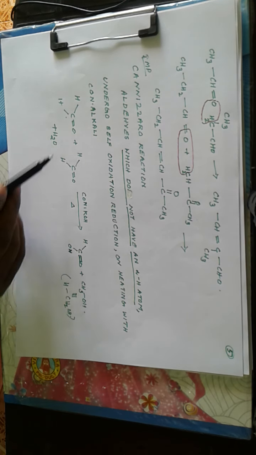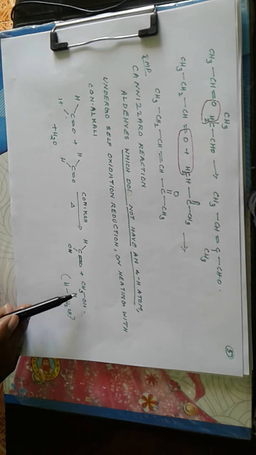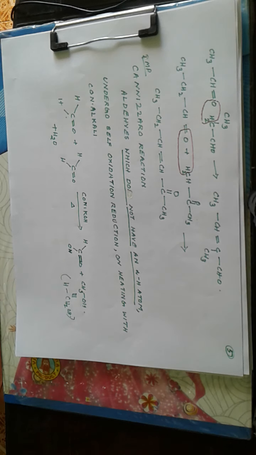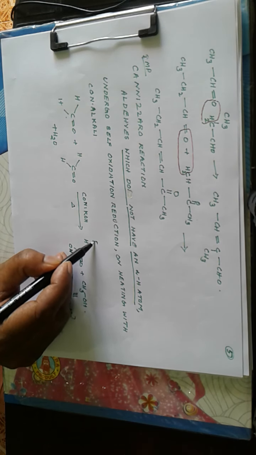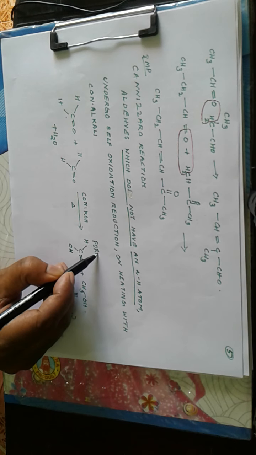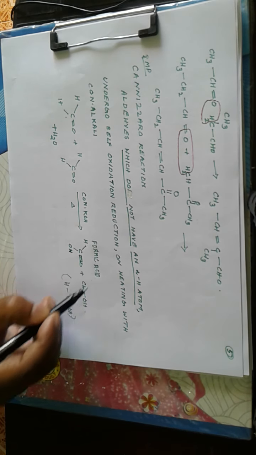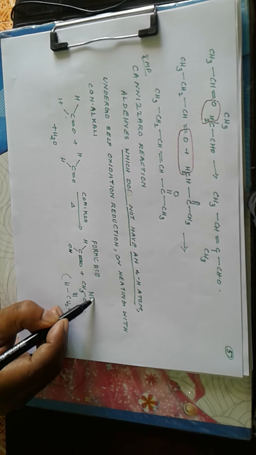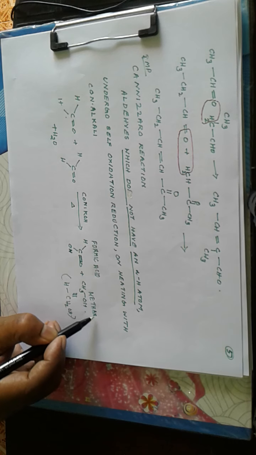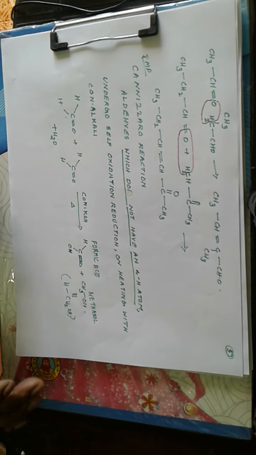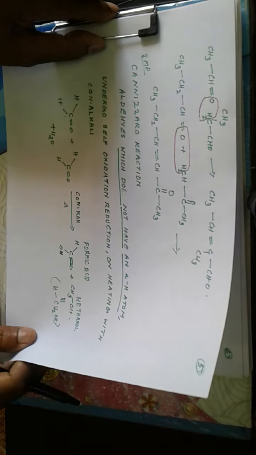Formic acid is the oxidation product of formaldehyde, and methanol is the reduction product of formaldehyde. So formic acid, and methanol. So that is the Cannizzaro reaction.